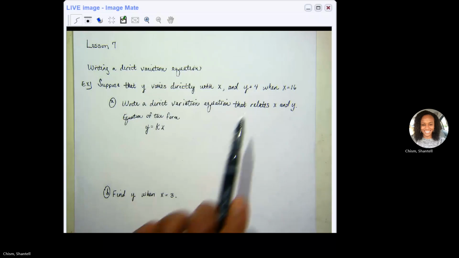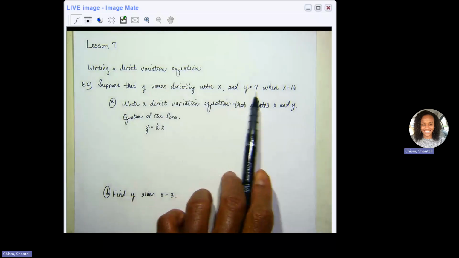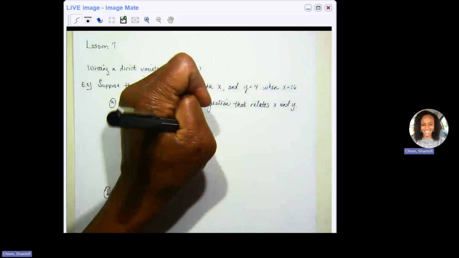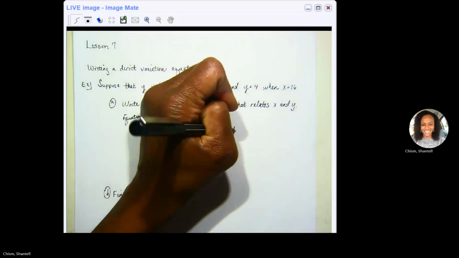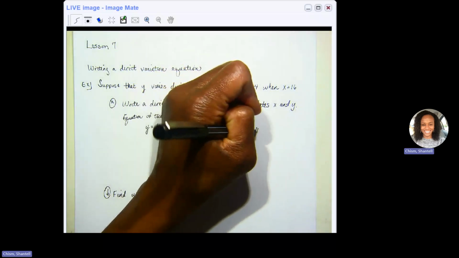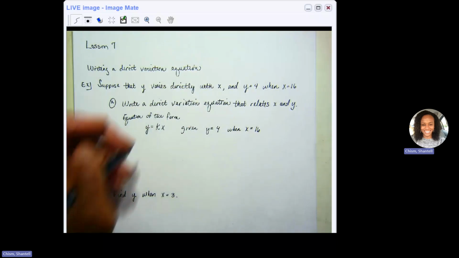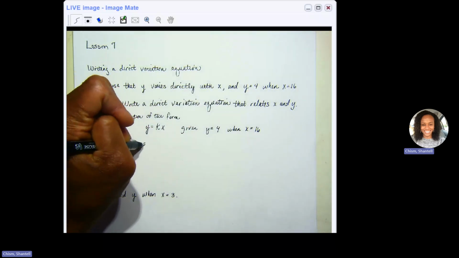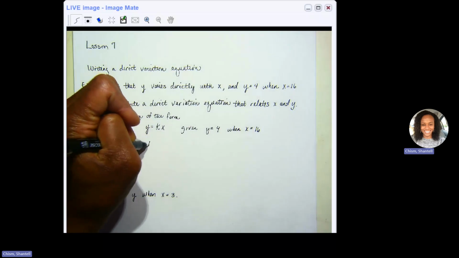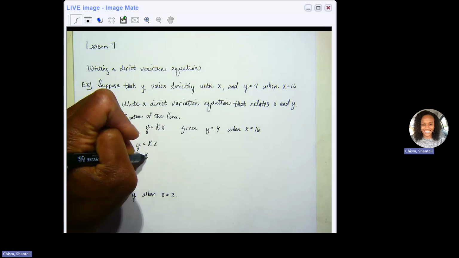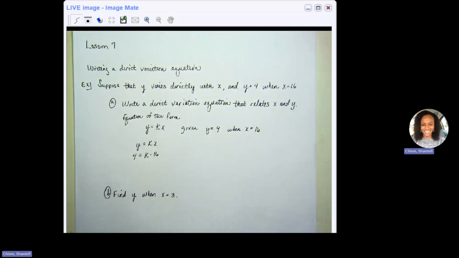Now, to get k, right here, we are given that y equals 4 when x equals 16. So we're going to substitute those values in to find k. So we've got y equals k times x. So we'll have 4 equals k times 16. Okay? Again, replacing y with 4 and x with 16.